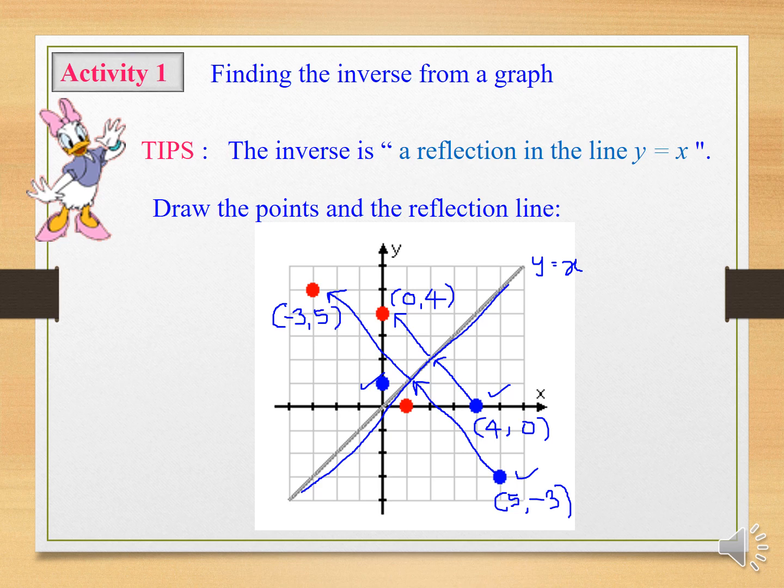And for this point with coordinate (0, 1), we reflect this point on the line y = x, we get this point, which has coordinate (1, 0).